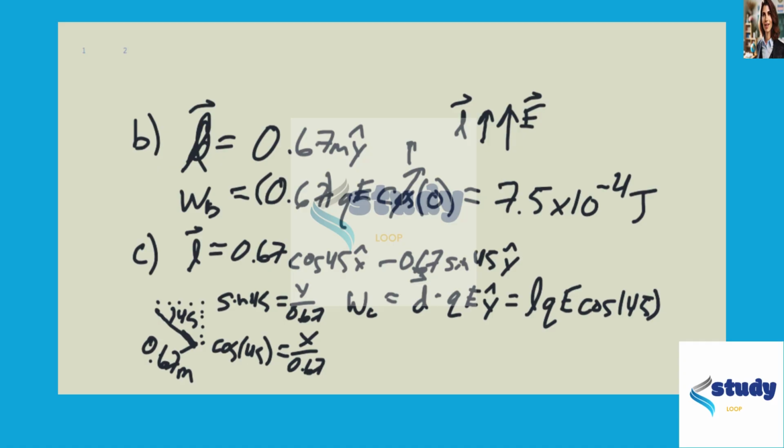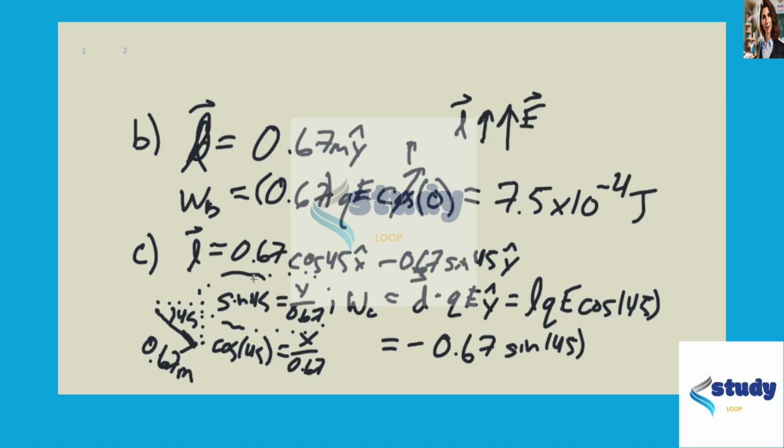So what we can actually do is we just plug in these values. So we get negative 0.67 times sine of 45, because only this y component will matter here.